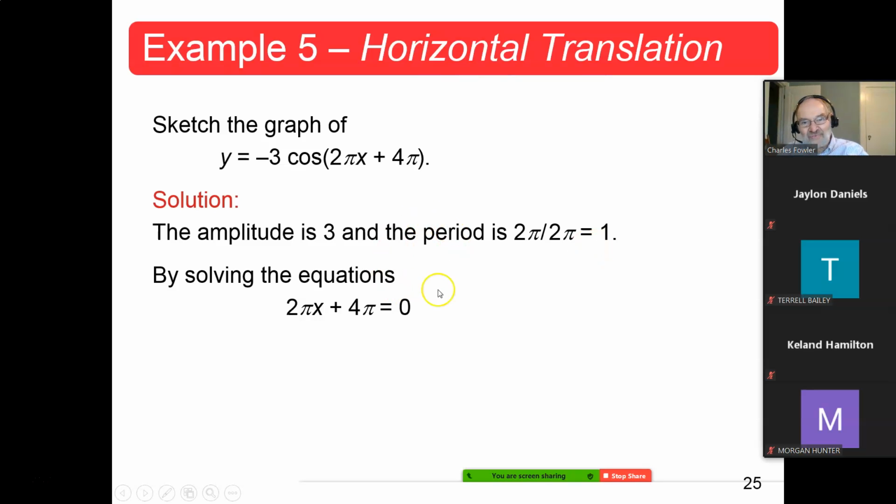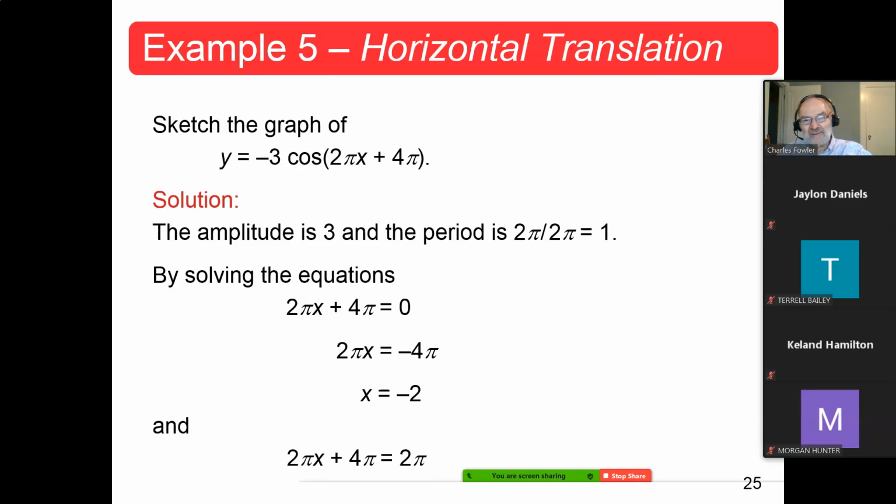Okay. Now, they like to go through and solve these equations, and it's a perfectly legitimate way of doing it. It's just so much more difficult to do it their way, it seems to me. But this comes out being x equal minus 2. That's where your left-hand endpoint of your first period is going to be.